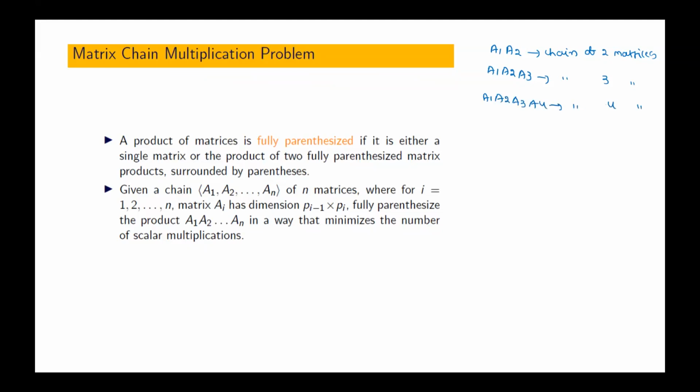We are given a chain of matrices. Matrix means each matrix has some number of rows and some number of columns.